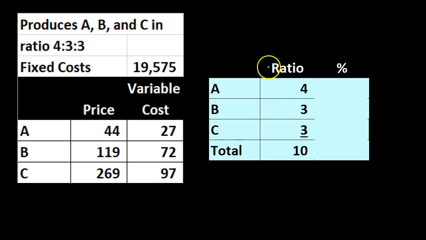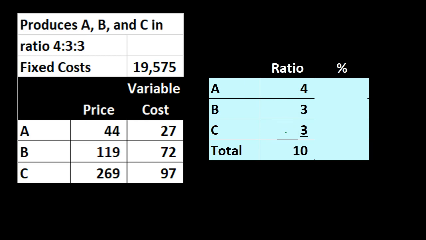So now we're going to break out this information over here. I'm going to break out this ratio analysis, the 4:3:3. Anytime you see this, you might see this in partnership type problems, and of course in a problem such as this, where we're going to break this out into a ratio format. What you want to do is always just basically put this in A, B, and C, write this out 4, 3, and 3, and then perform the ratio analysis.